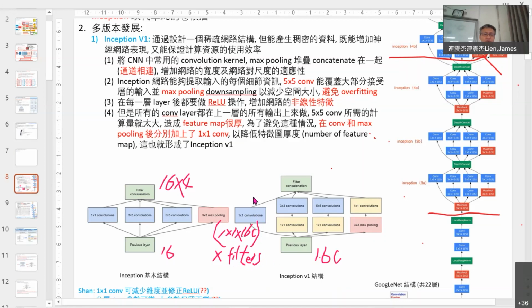If I have 8 filters, the output becomes 8 channels. Does that make sense? Originally 16 channels. Why do we need 1 by 1 here? Because it is actually 1 by 1 by 16 channels, crossing over 16 channels for one pixel. Suppose in total I have 8 filters here, then the output is 8 channels, so I reduce 16 channels to 8 channels. Actually I should use 4, since 4 is better, because they don't want the channel count to change.